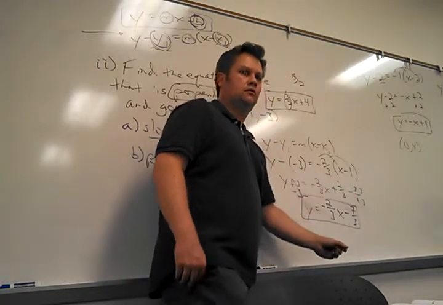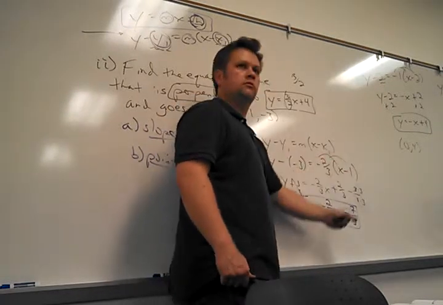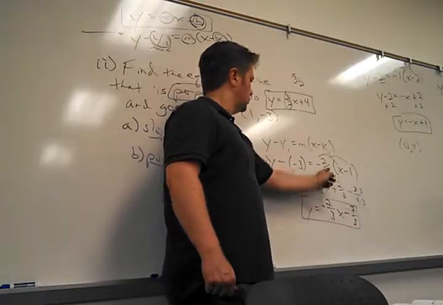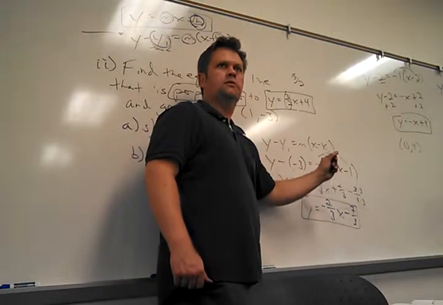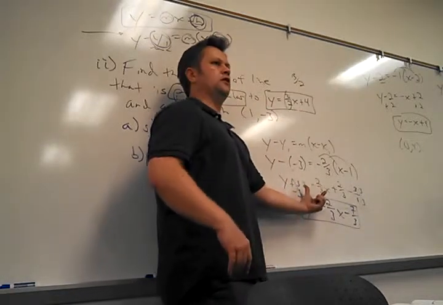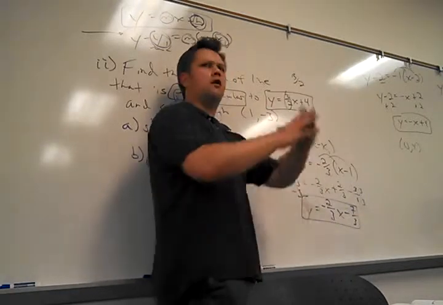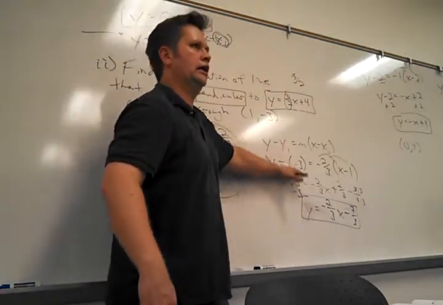But where did that 2/3 come from? Distribute. Negative 2/3 times negative 1 is positive 2/3. Because the question's asking if it's perpendicular, so you flipped it. Well, the question is asking for the equation of the line, and so we normally solve for y to put it into nice form. The last step is always going to be this cleanup step.